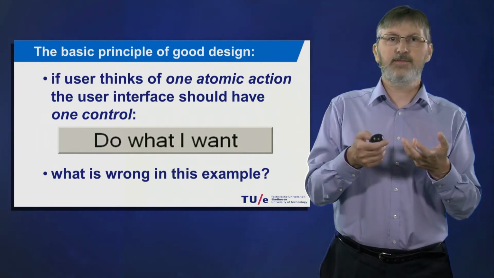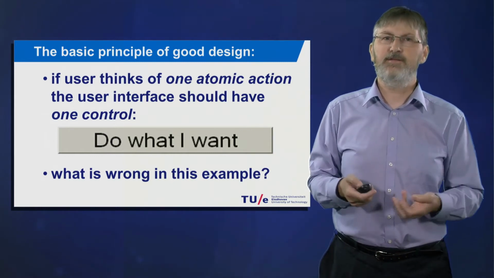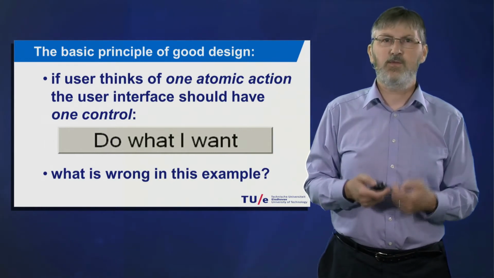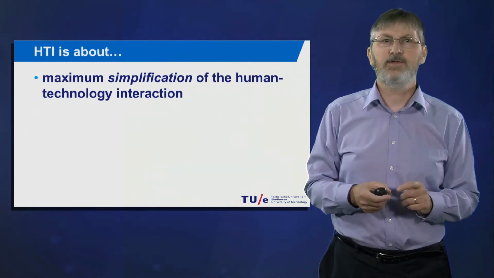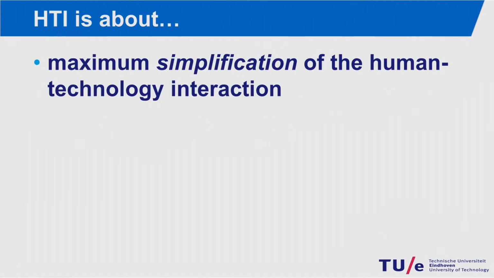And if the system knows what I want, it can give me, in this case, the coffee, without me having to ask for it. Now, that's what human technology is about. We are going to maximize the simplification of interfaces so that users in the end have an easy and pleasant experience. By the end of this course, you will all be able to create interfaces like that. Thank you.